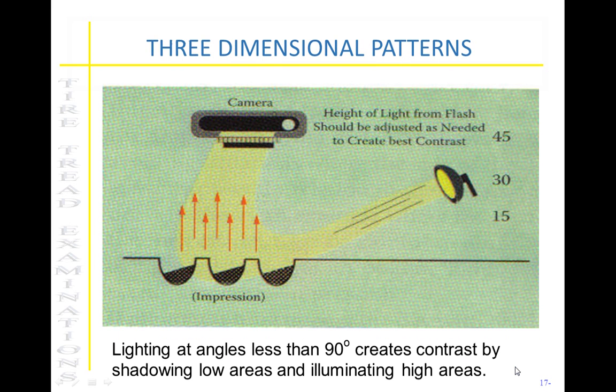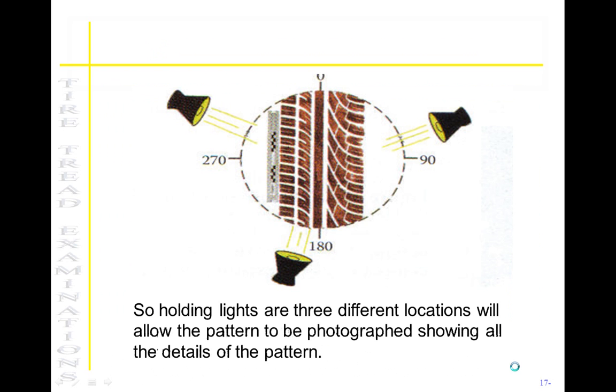However, if it's a three-dimensional pattern, a pattern that has been created a little bit deeper into a substance like a tire driving through an area of dirt, the camera once again should be placed above the impression itself, but then lighting should be taken at different angles so that it can create a contrast by shadowing the low areas and illuminating the high areas of the imprint.